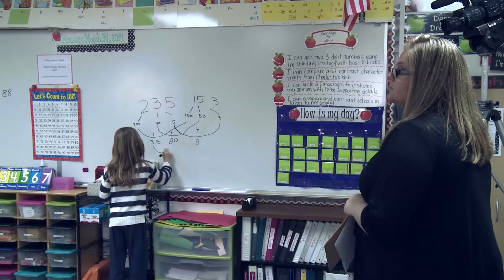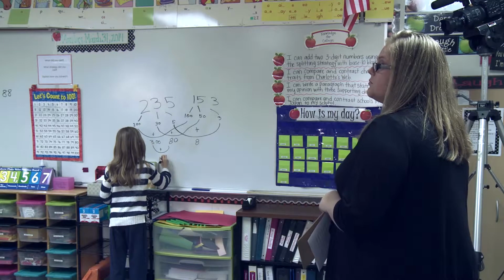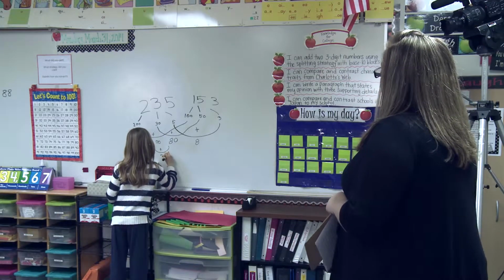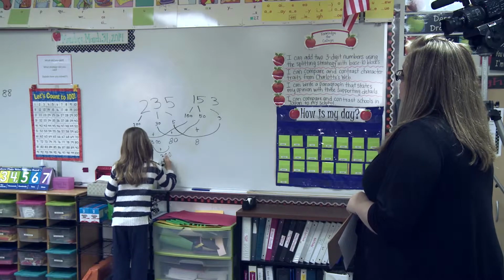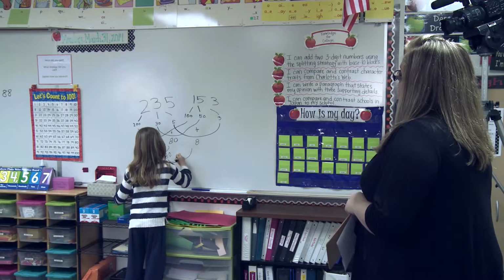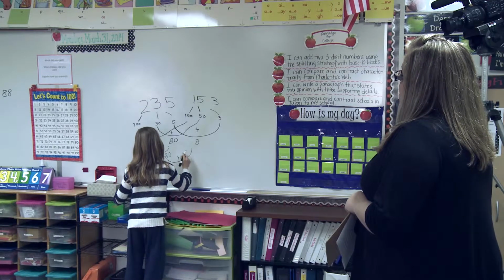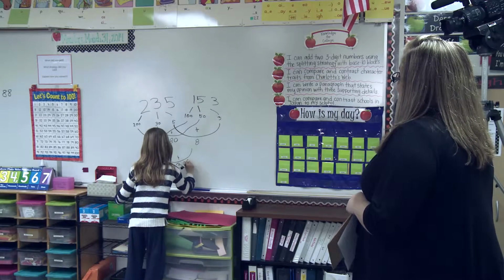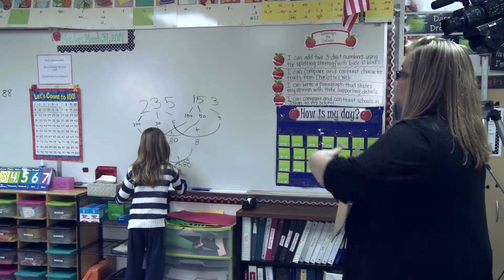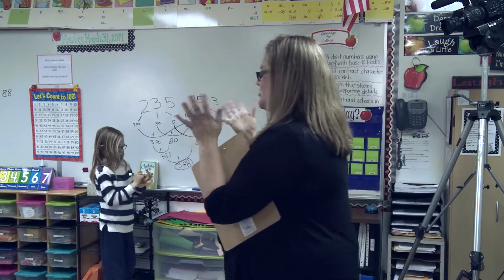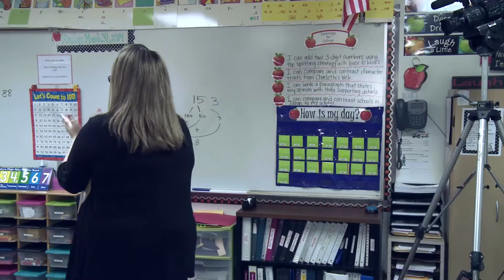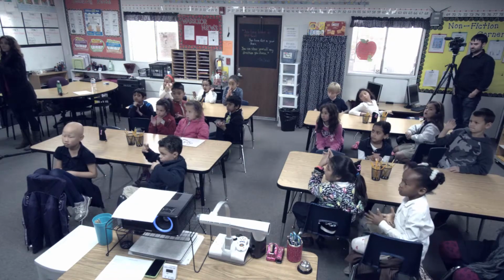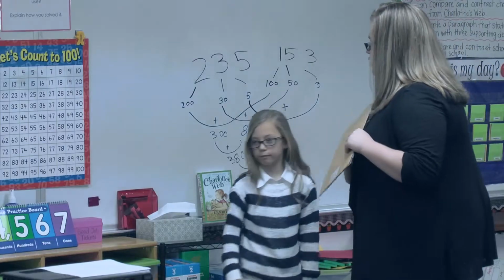And 300 plus 80 equals 380. And 380 plus 8 equals 388. Nice job, Carly. Thank you. Thank you to Madison and Carly for sharing their thoughts. And you can go have a seat.